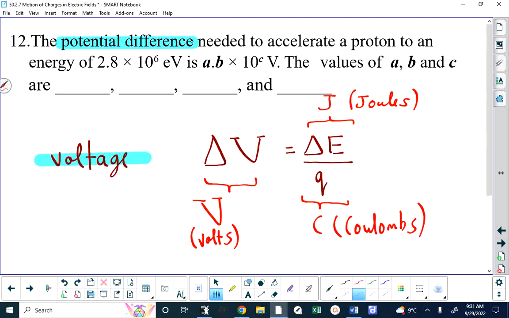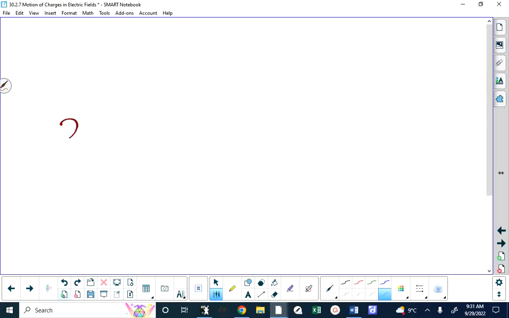But we cannot put that in for the energy unless we put it in joules. Make no mistake about it, this is a change in energy. It's just got the wrong units to make this formula work. So we have to take 2.8 times 10 to the 6 electron volts of energy and convert it to joules.